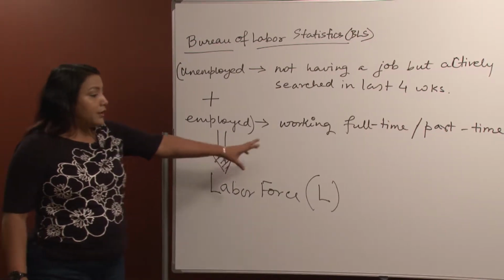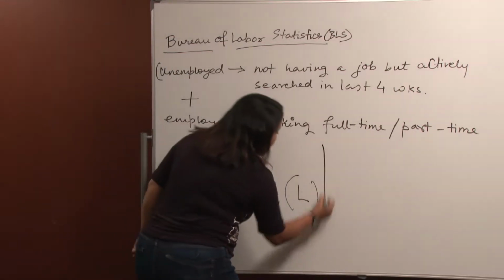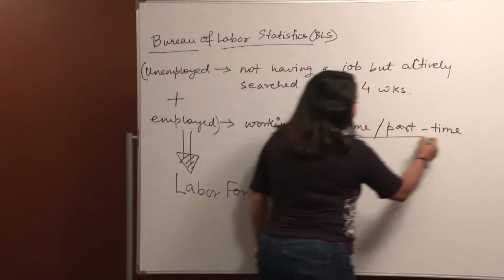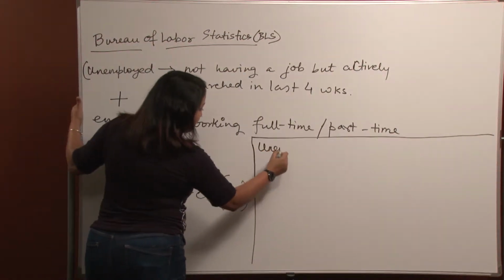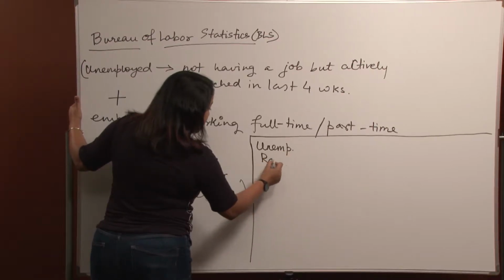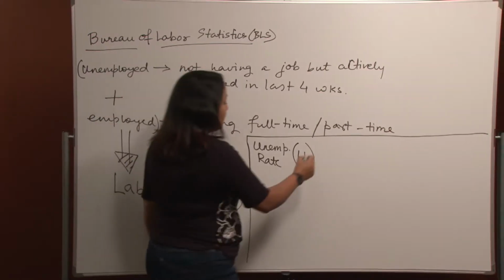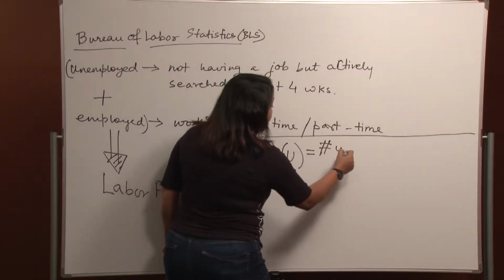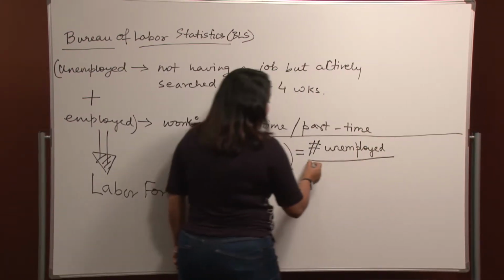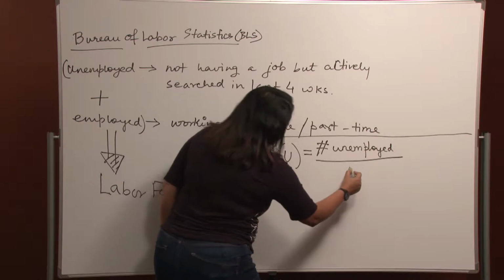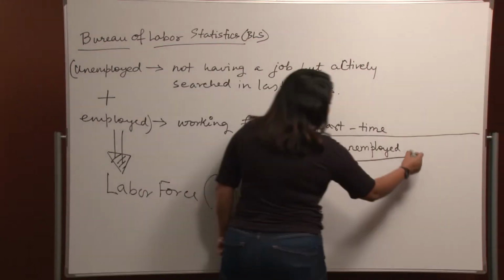Now, based on the definition of labor force, we have the mathematical concept of unemployment rate and employment rate. Unemployment rate is denoted by a capital U. It is basically the number of unemployed people, that means all those people who do not have a job but have actively searched in the last 4 weeks, divided by the labor force, that is this capital L, times 100.